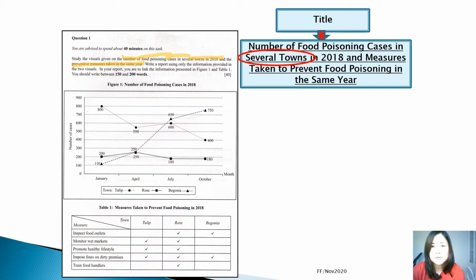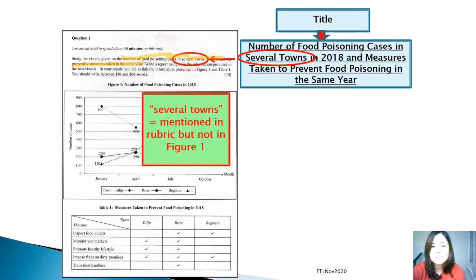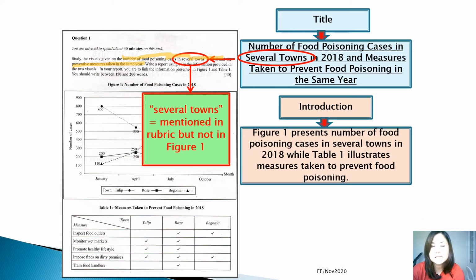Okay, look at the word several times. For figure 1, if you want to do the introduction, you will take it straight from the title of figure 1, isn't it? So in figure 1, the words several times were not mentioned. But we are advised to write down the introduction with the complete information as presented.